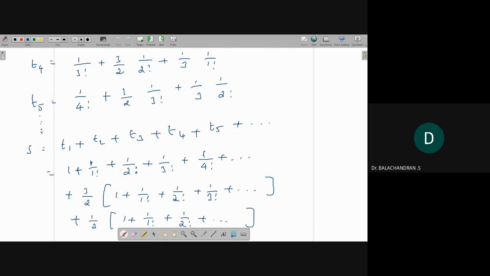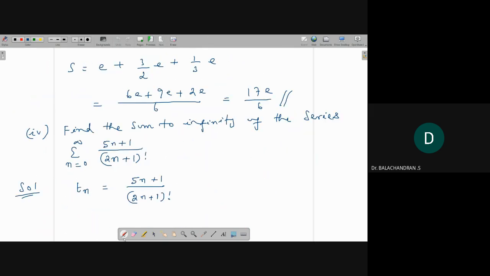But here the numerator is linear. So 5n plus 1 is equal to a plus b into the denominator, that is enough, the denominator without the factorial. So now we should find the value of a and b.